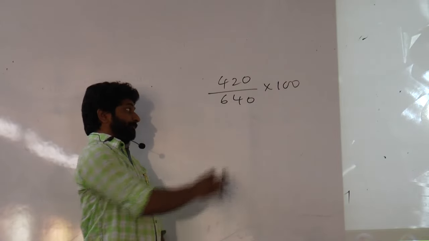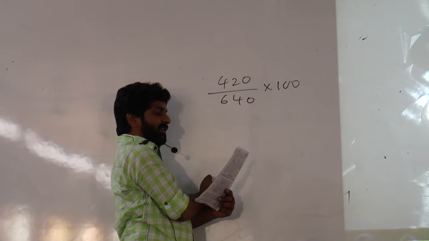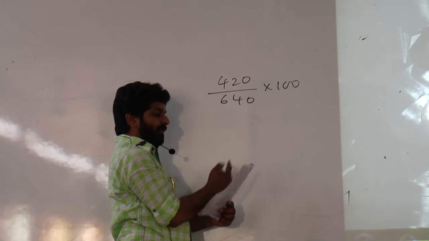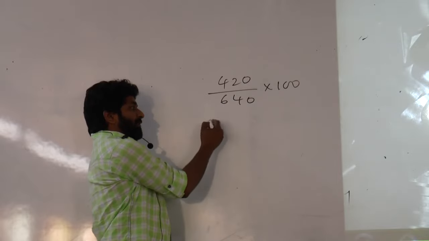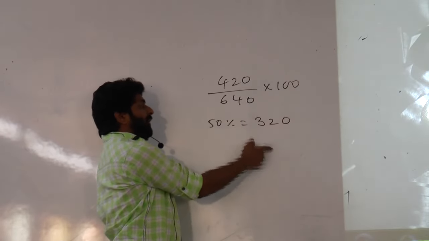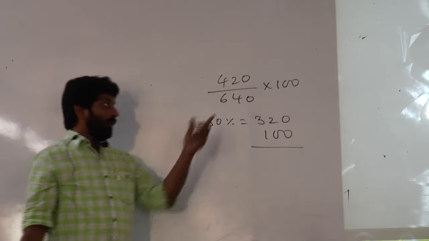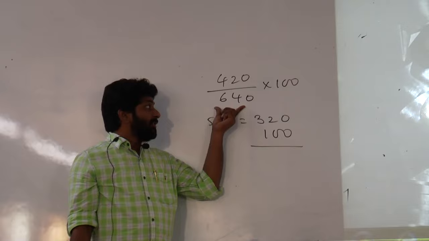Fine. What is 50%? Look at your options: 63, 69, 55, 57, 65. What is 50%? 320. Again you need to add 100 to make it 420. What about 10%? 64.